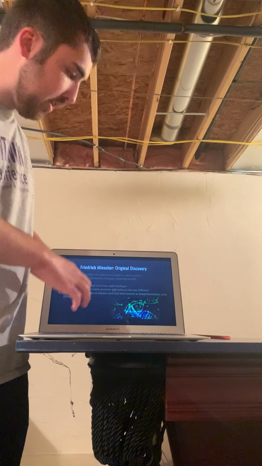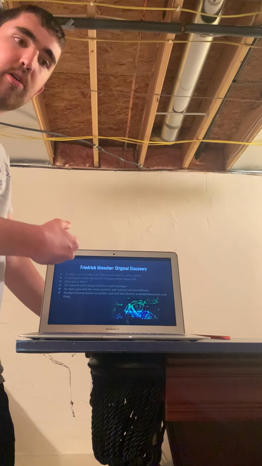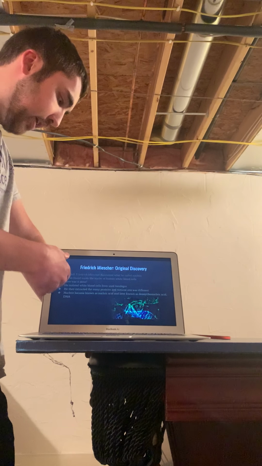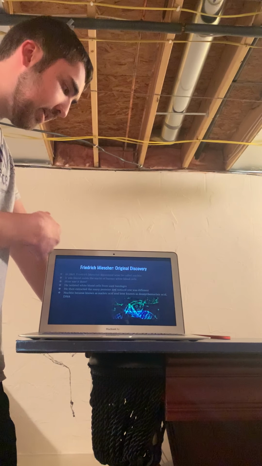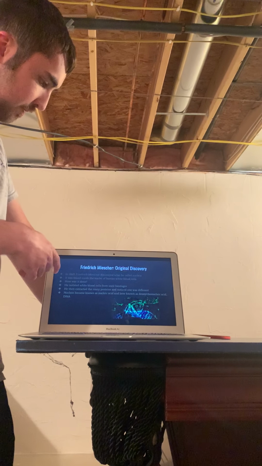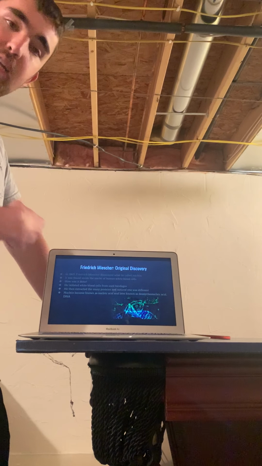So now, Friedrich Miescher, and I apologize if I pronounce his name wrong, was the first person to discover DNA, in 1869, and he called it nuclein. It was found in the nuclei of human white blood cells.